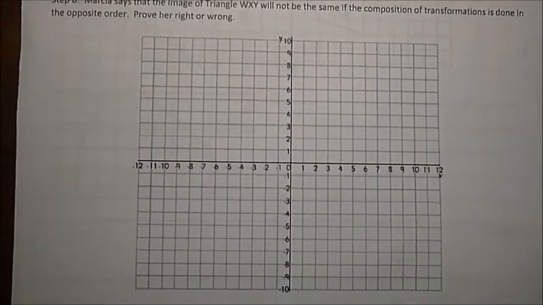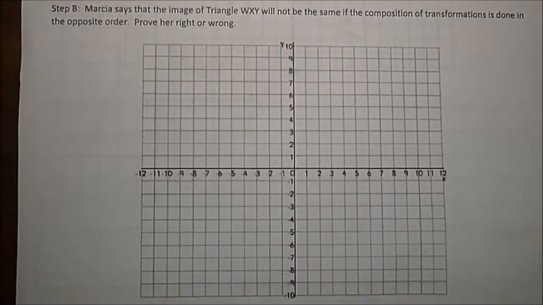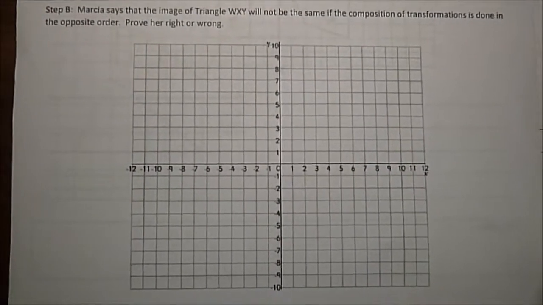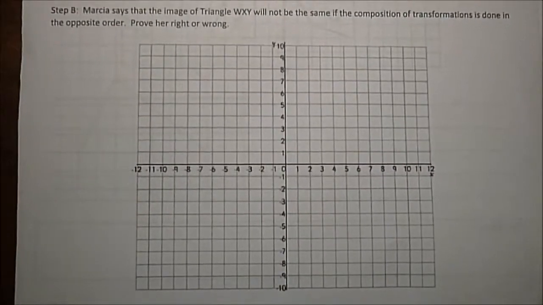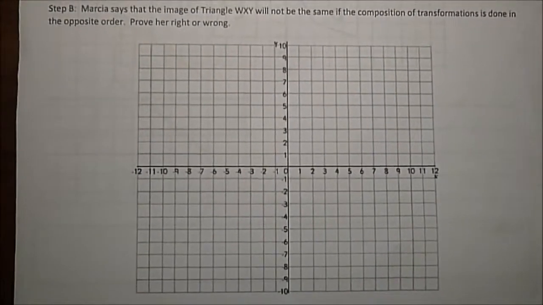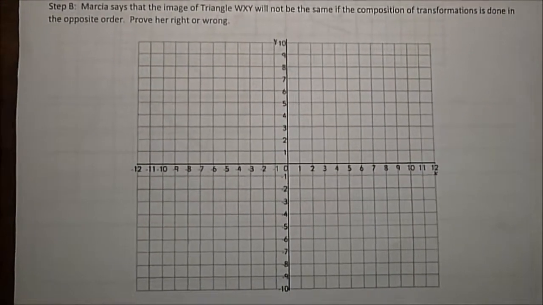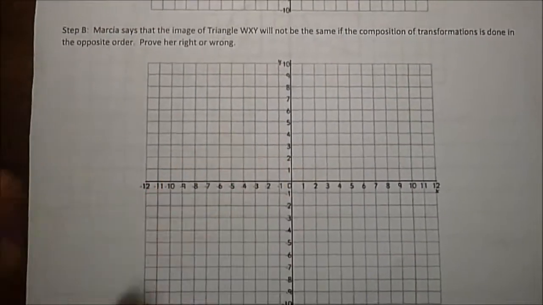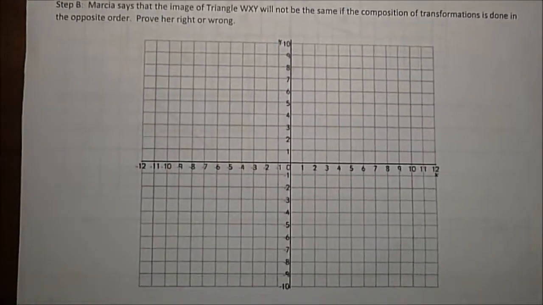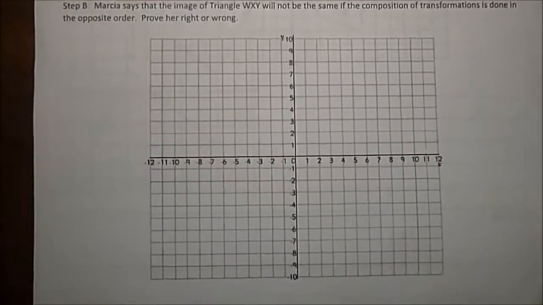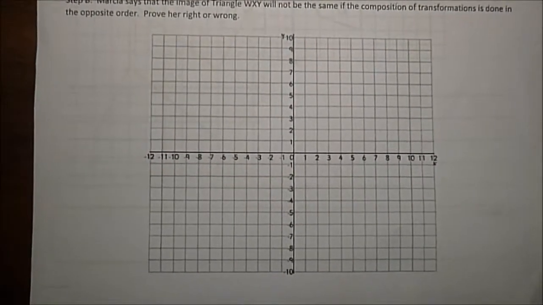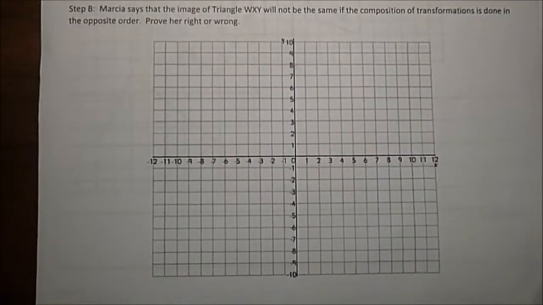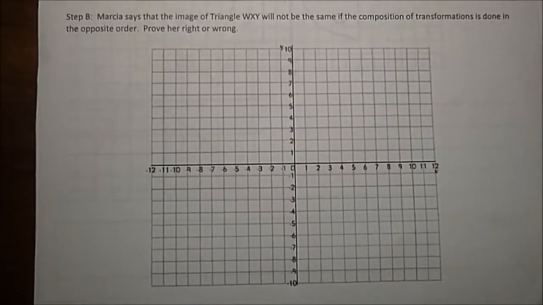Create a table of coordinates like we've practiced in your notebook and use your coordinate rules to determine whether the coordinates of the image would be the same if we did them in reverse. You can also prove this graphically. You don't have this coordinate grid, so just do that in your notes if you would like to. Teachers, please put 3 minutes on the clock for students to do this, and pause the video. I will post the answer after this.